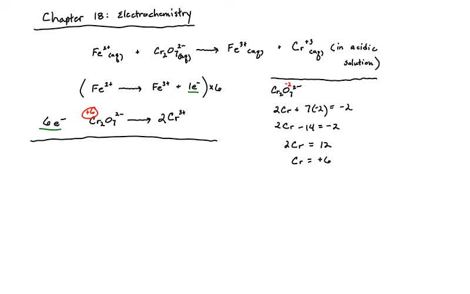Okay, so now we wind up with 6 electrons plus dichromate plus 6 irons, yielding 6 iron 3s plus 6 electrons plus 2 chromium 3s.